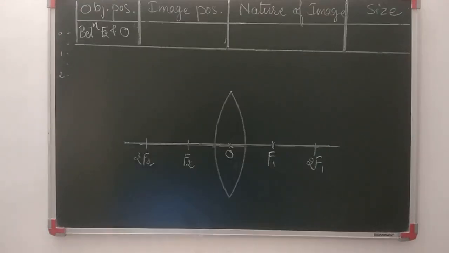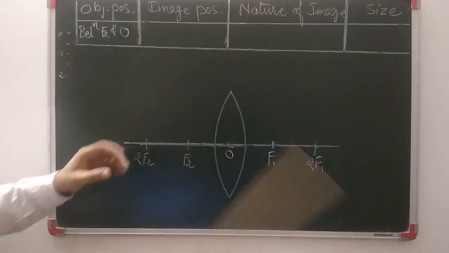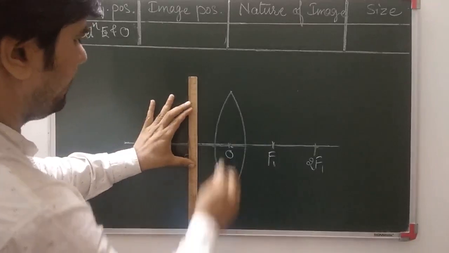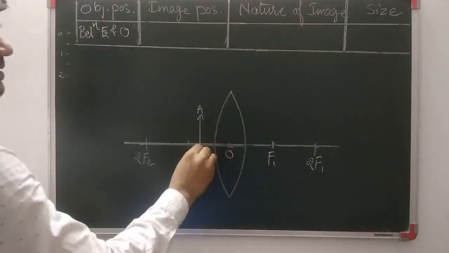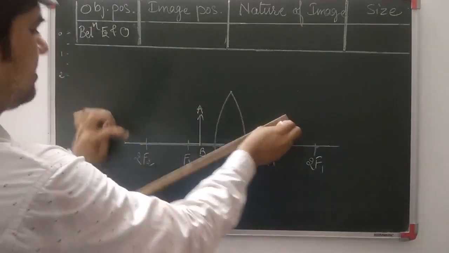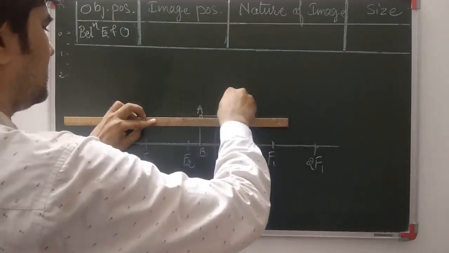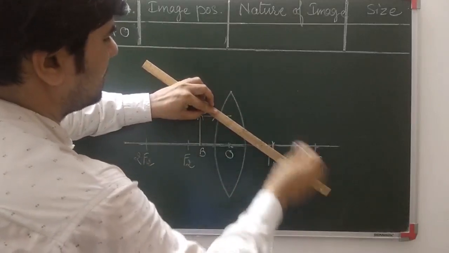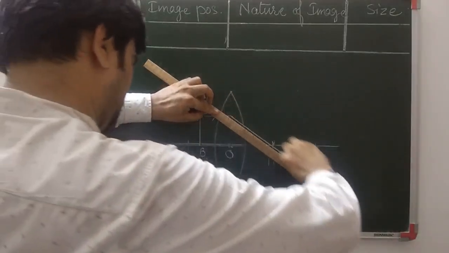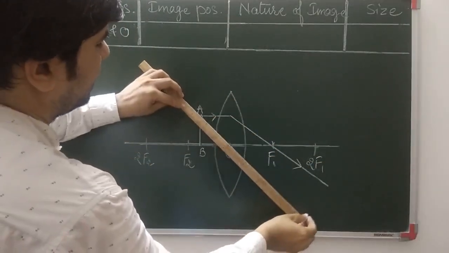Let's come to the last position of image formation in the convex lens. Let's put the object as mentioned between f2 and O. This is AB. And let us see the rays which are passing from point A. First ray which is parallel to the principal axis. After the refraction it must pass from the focus. Second, if I draw, it passes from the optical center.